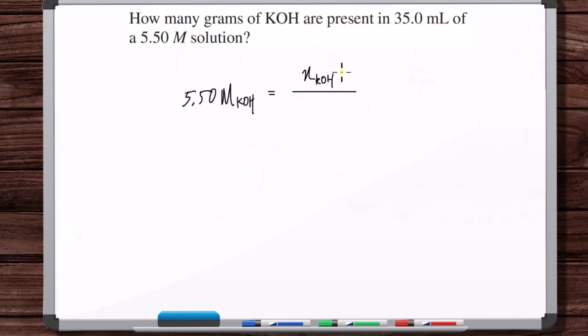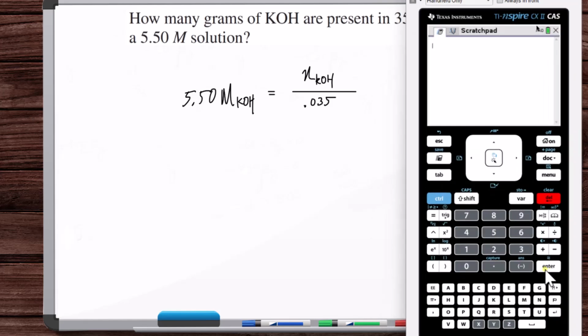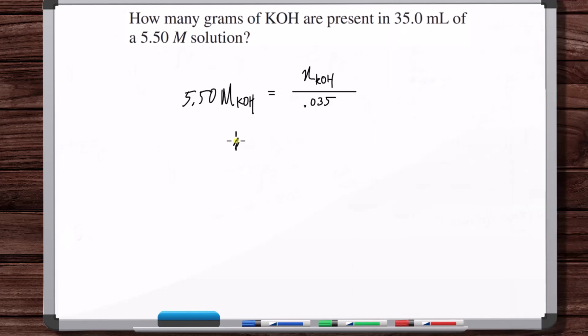Molarity is in units of liters, so we need to put 0.035. Okay, so 5.5 times 0.035 gives 0.1925.